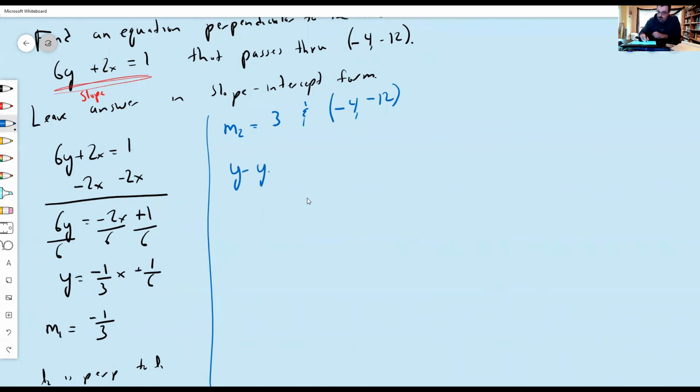We use the point slope form. Again, it's my slope, and this is my point, x1, y1. So y minus y1, which is minus 12, equals 3x minus x1. The minus and minus here and here both make plus.